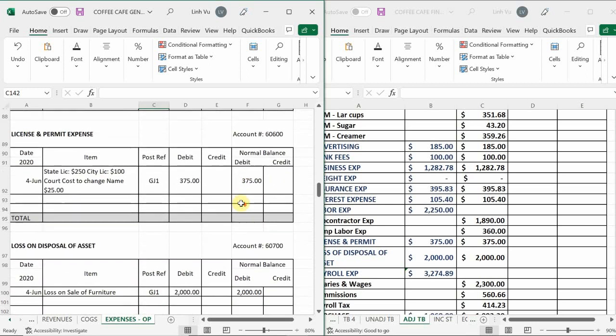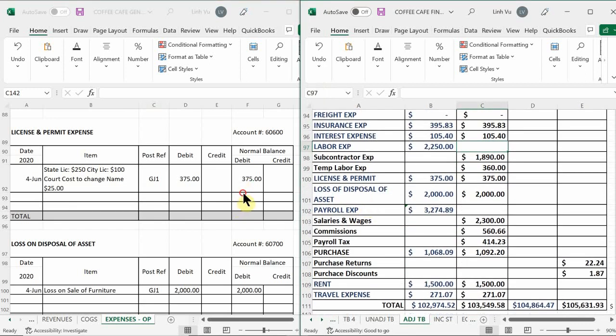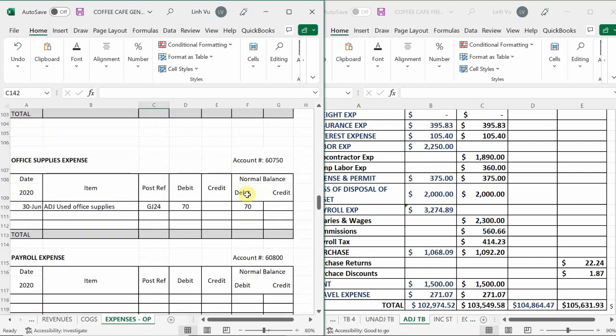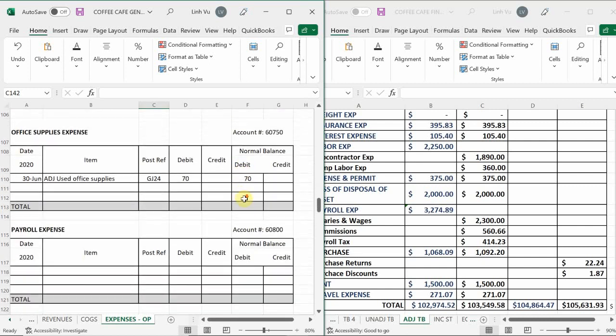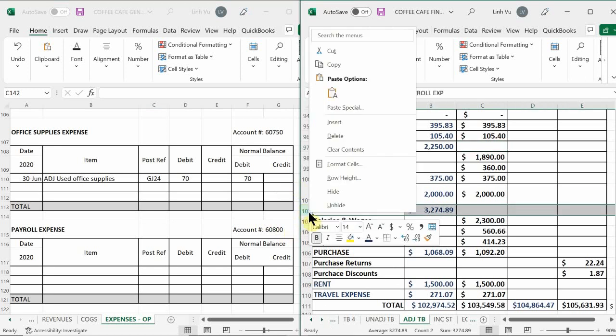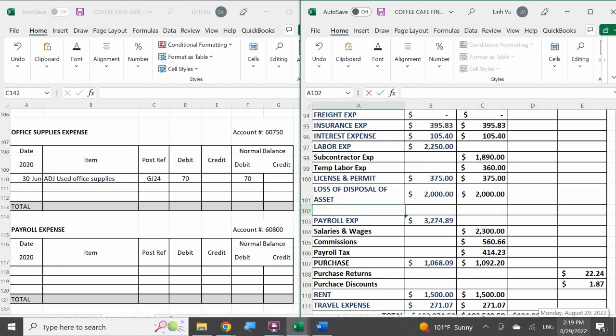Next is my license and permit expense, still at $375. Loss on disposal of asset is still $2,000. Okay. Office supplies expense, right? That's something I need to include in here, is my office supplies expense.